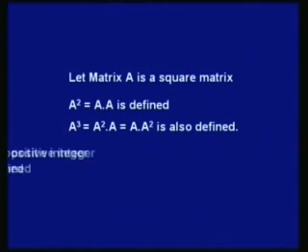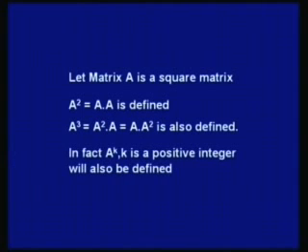And in general, A^k, the kth power of A, K happens to be any positive integer, will also be defined. But this is true only for square matrices. For other matrices, this is not possible. We have finally defined the product A^k as a square matrix multiplied K times.